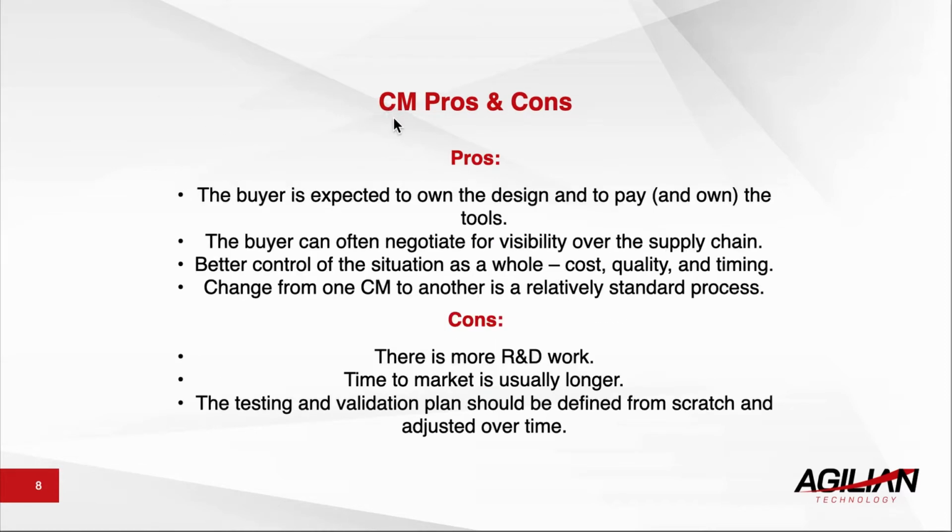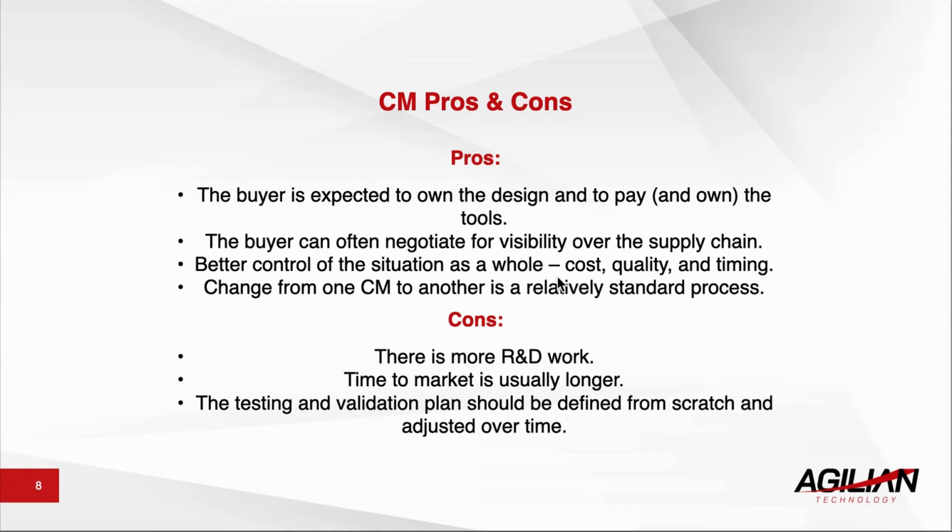Now, contract manufacturers have a slightly different business model. So the buyer is expected to pay for all the design work, all the tooling, all the engineering work, and in return, they're going to own the design. They can typically negotiate for an agreement that gives them visibility over the supply chain, so who the component suppliers are and so on.